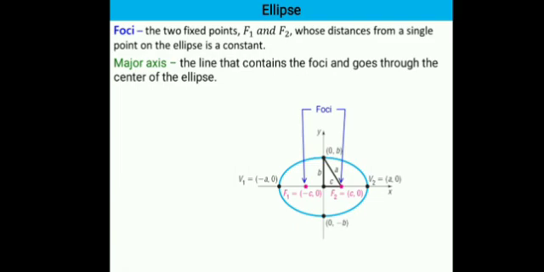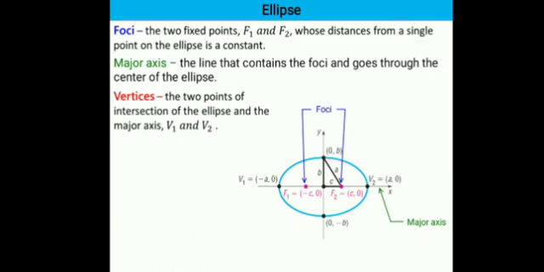Major axis, the line that contains the foci and goes through the center of the ellipse. So it passes through the center of the ellipse. That is your major axis or your x-axis for this diagram. Vertices, the 2 points of intersection of the ellipse and the major axis, V1 and V2.